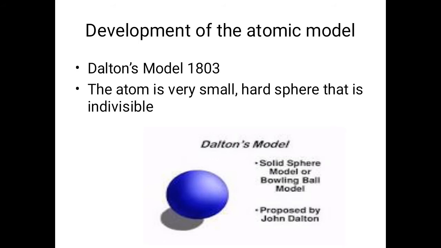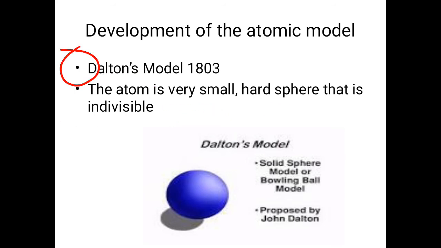You know, the atomic model was researched by different scientists with their proposals. And the first model of atom was presented by John Dalton in 1803. And he defined atom as the very small hard sphere that is indivisible.